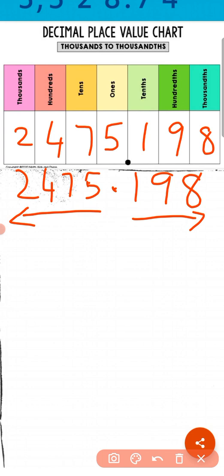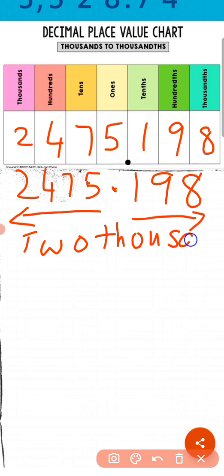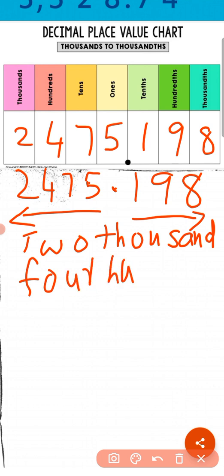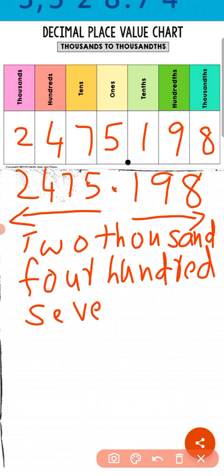How will we read this? 2000, 400, 75. That is the digits on the left side of the decimal.